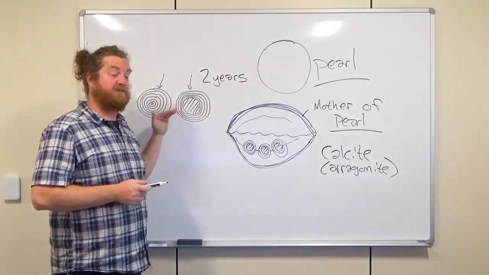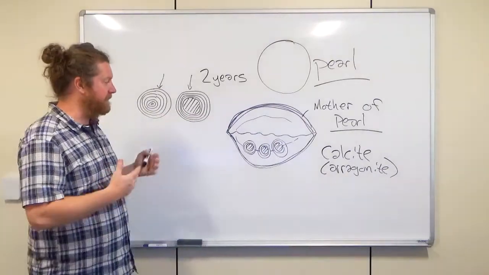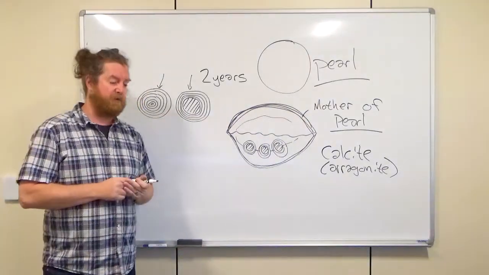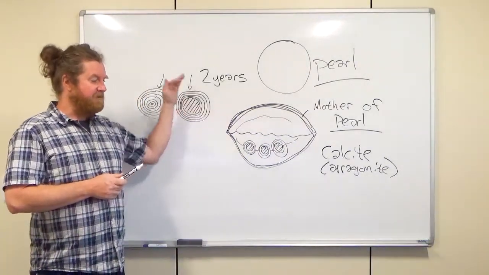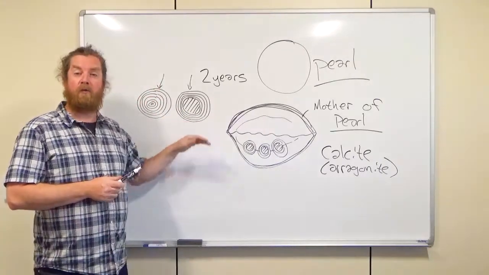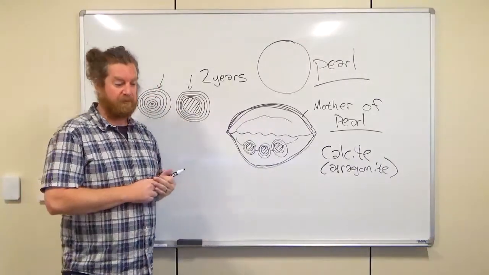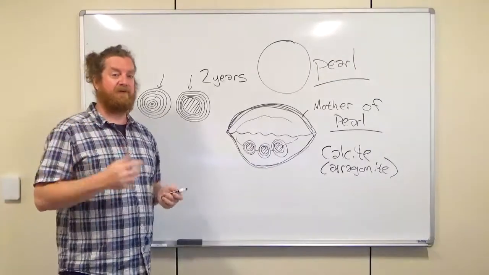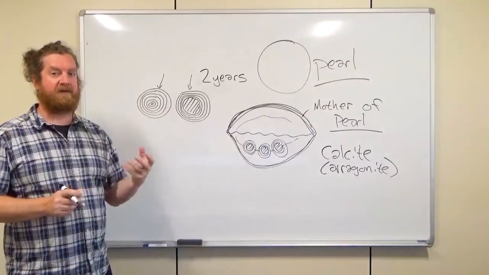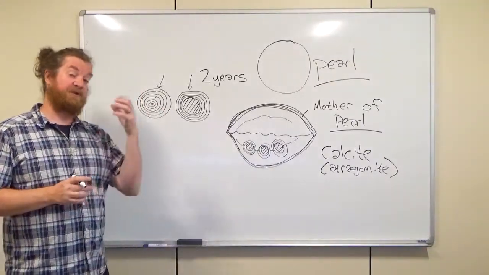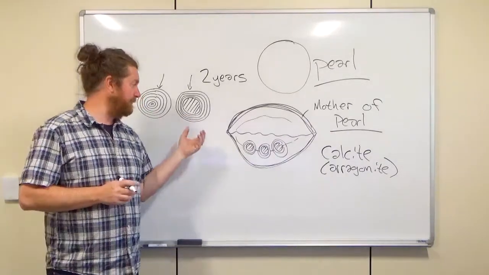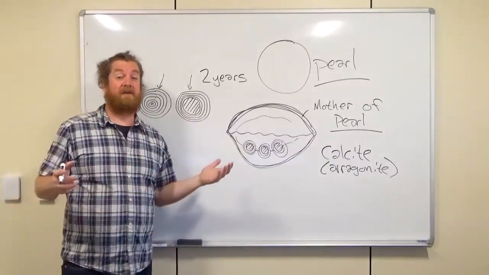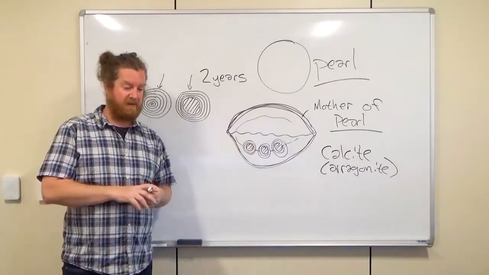Because we can do this relatively easily, we've figured out the techniques that make this work effectively. The pearl market is almost all what we consider cultured pearls. I mean, if you can find a certified, X-ray certified natural pearl, that's going to be much, much, much more valuable than a cultured pearl, although nobody's going to be able to tell the difference, right? Because on the outside, they're identical.